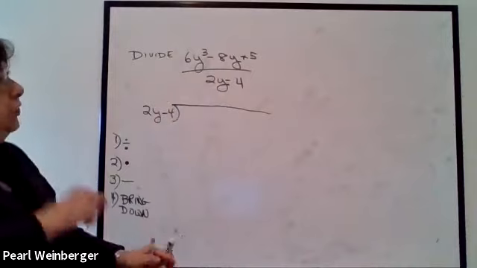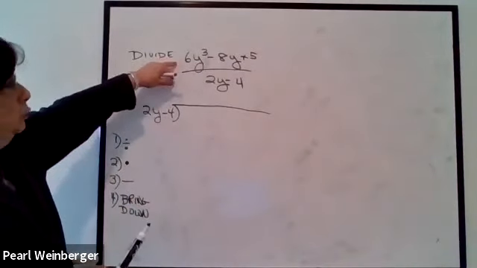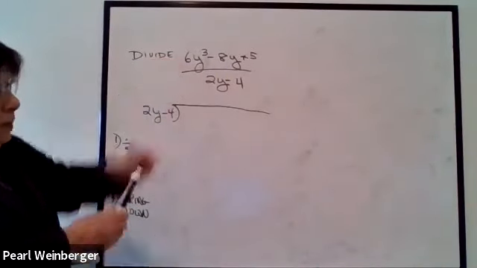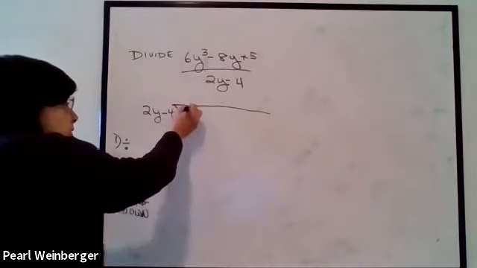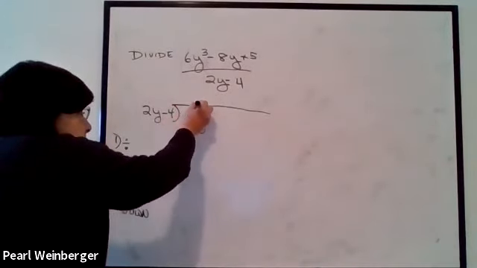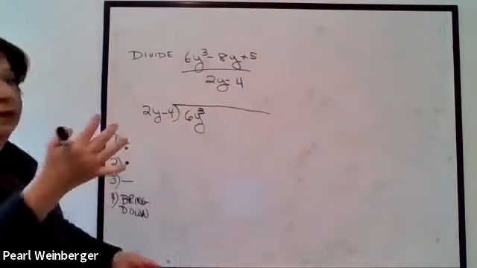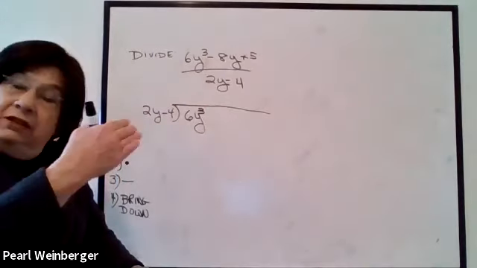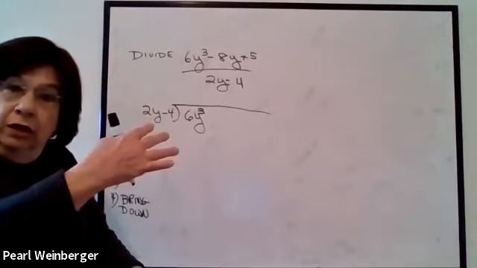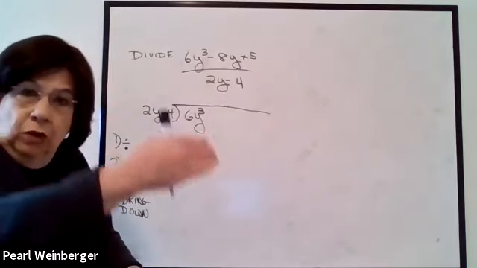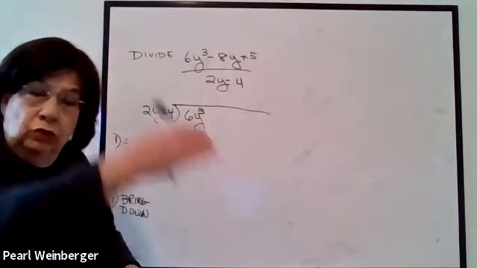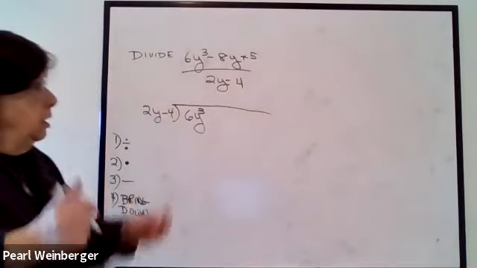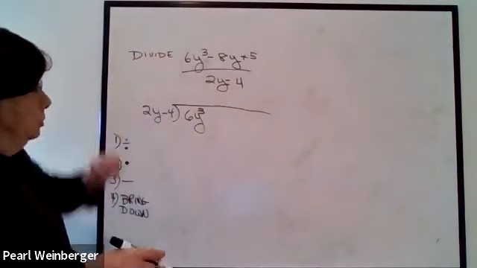Except something looks funny. I have a 6y cubed. That's my highest power. That certainly goes first. But the next thing I expect to see is a y squared term. If I'm in descending order and I start at y cubed, then I should go y cubed, y squared, y, number. And there's no y squared term.